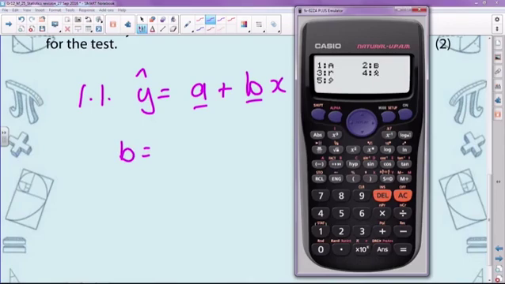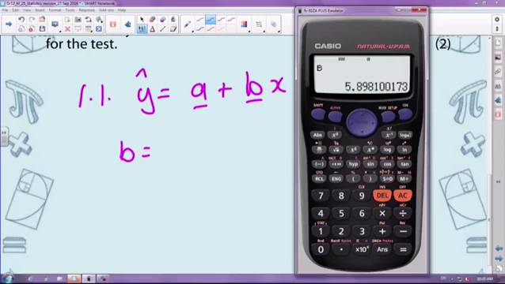We want the value of B, so I'm going to press 2. Sorry, I meant to press 2 there, so let's do that again. It's regression, we want 2, and we press equals, and we get 5,898. So that value gives me the gradient of the line that I need.